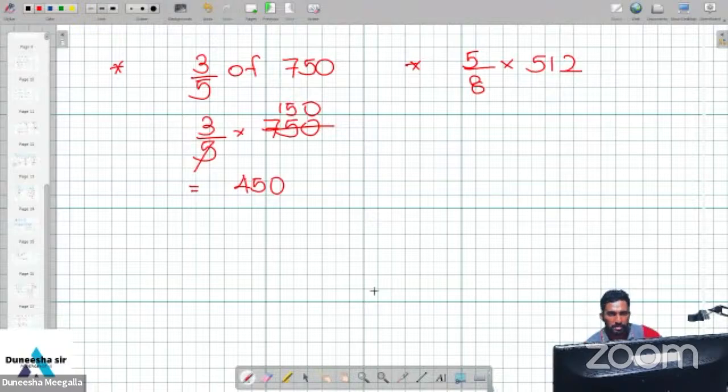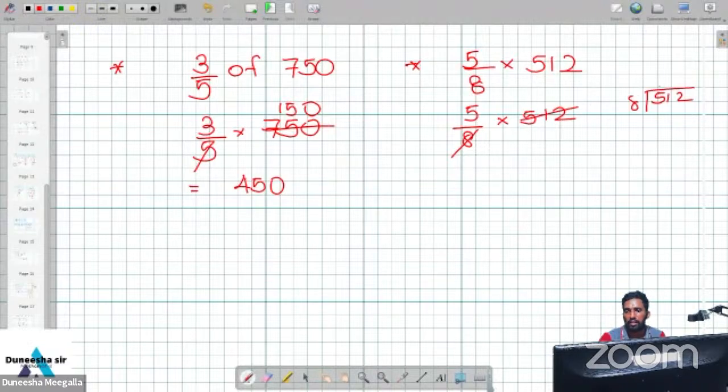Okay, how we do this? 5 over 8 multiplied by 512. What is the answer? How many 8s per 512? Here, 512 divide by 8. How many? 6, 48.